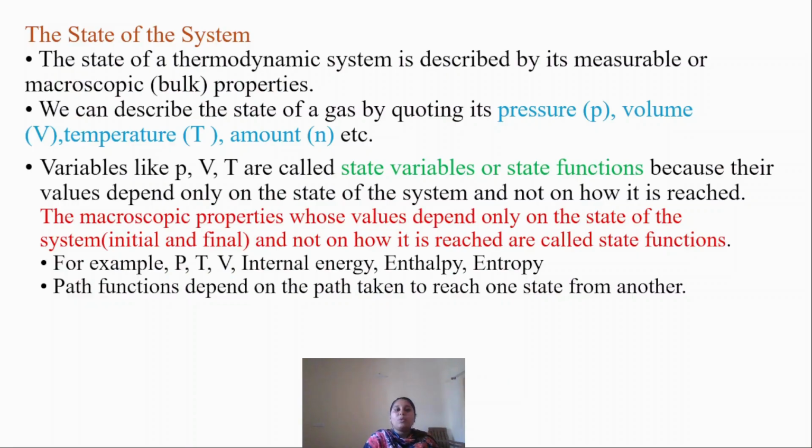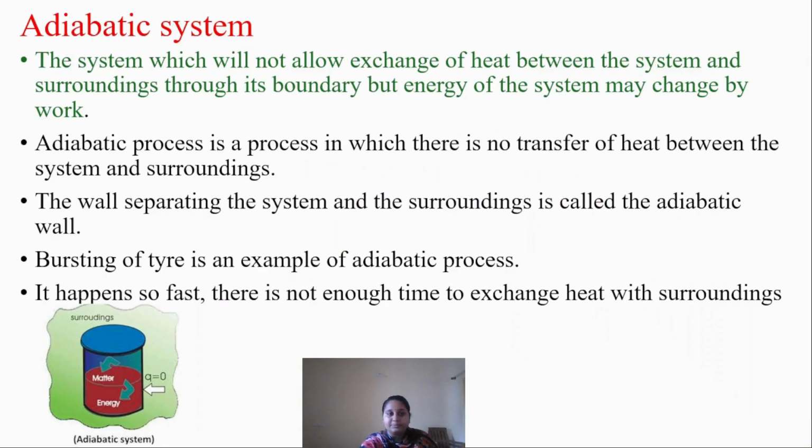So the macroscopic properties whose values depend only on the state and not on how the state is reached are called state functions. For example, P, V, T, internal energy, enthalpy, and entropy. And path functions depend on the path taken to reach from one state to another.